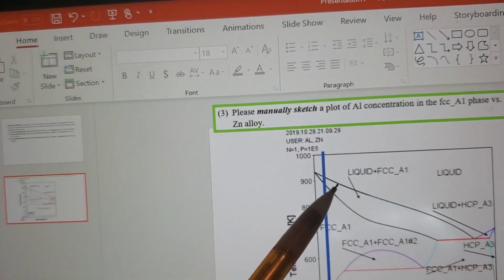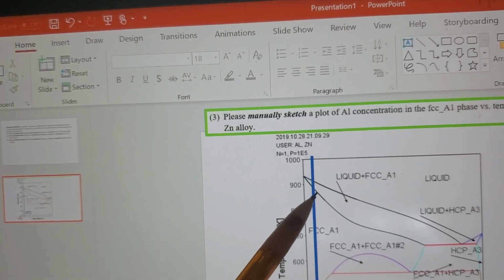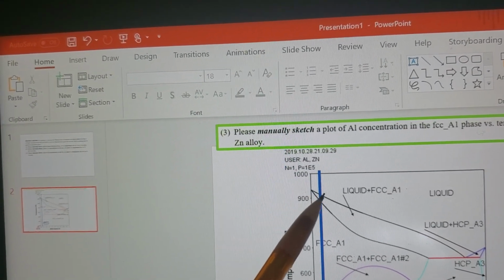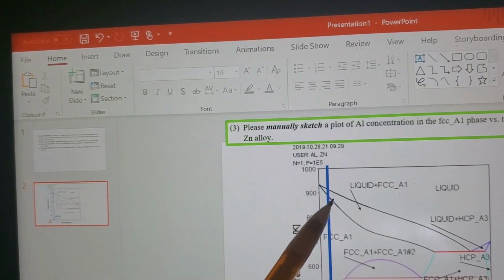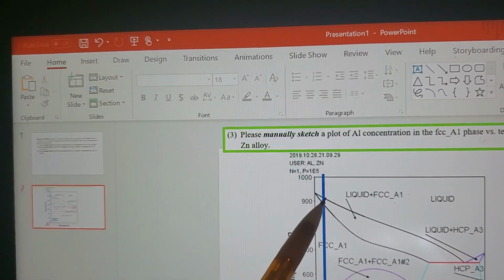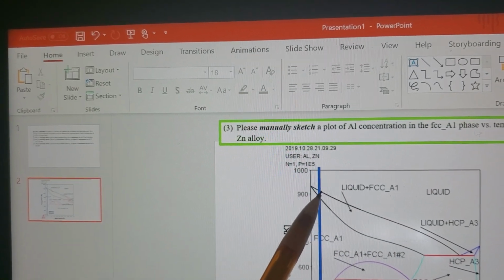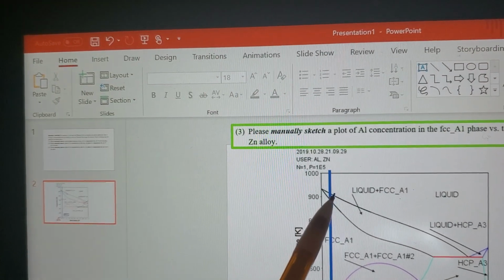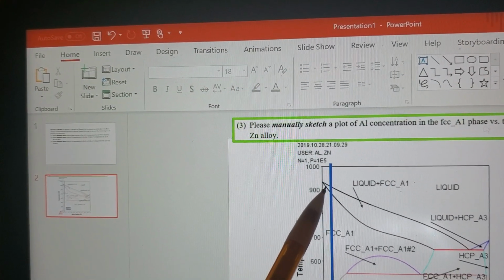So at this point, we have just FCC A1, but we'll look at the next temperature, 930, below it, and then above 930. So at 930, we'll make a tie line where you drag it along to this line right here.